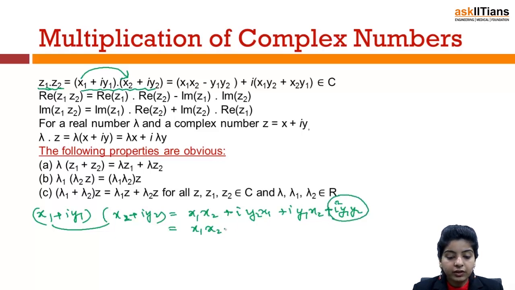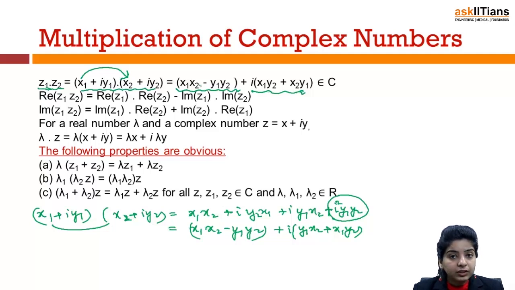So this will become x1 x2 minus y1 y2. I enclose them within brackets because these are the real parts, plus iota times I can write y1 x2 plus x1 y2. So this is what I get. So this is what it's written here, x1 x2 minus y1 y2 plus iota times x1 y2 plus x2 y1.